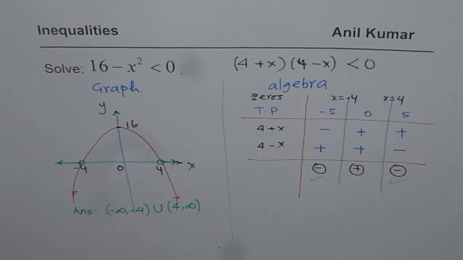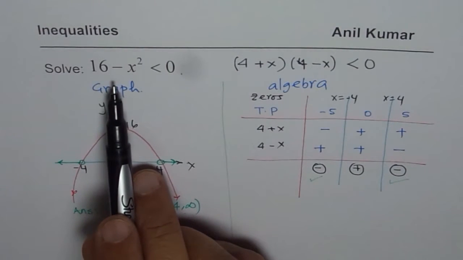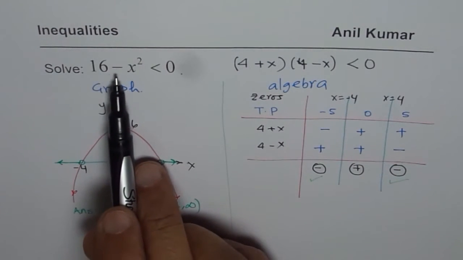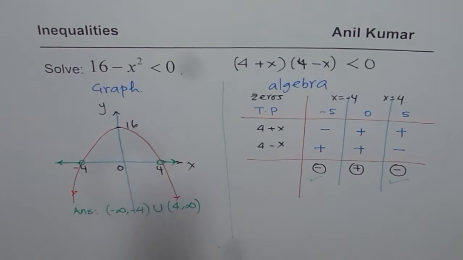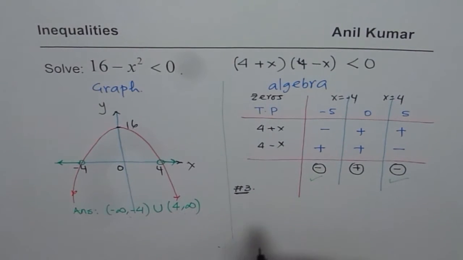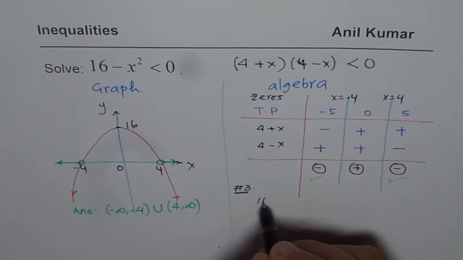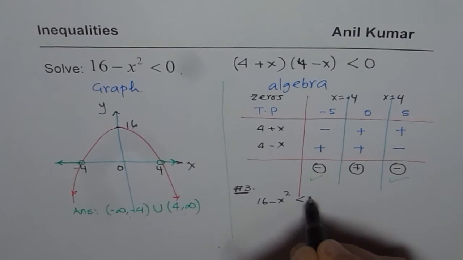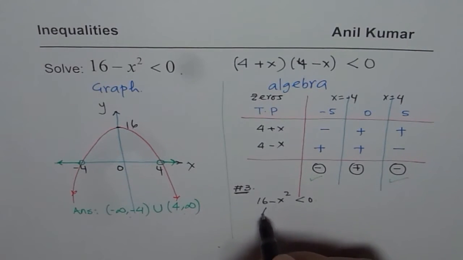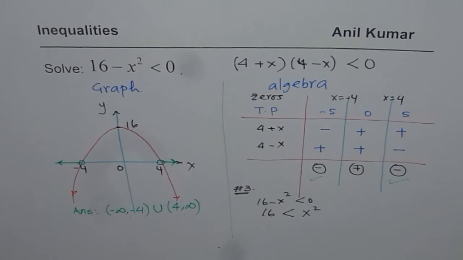Now I will also show you one more method, and this is very important for us. We're trying to solve 16 minus x squared is less than 0. So let me do method 3 for you, where we rearrange this. Taking x squared to the right side, we say 16 is less than x squared. That means x squared is greater than 16.